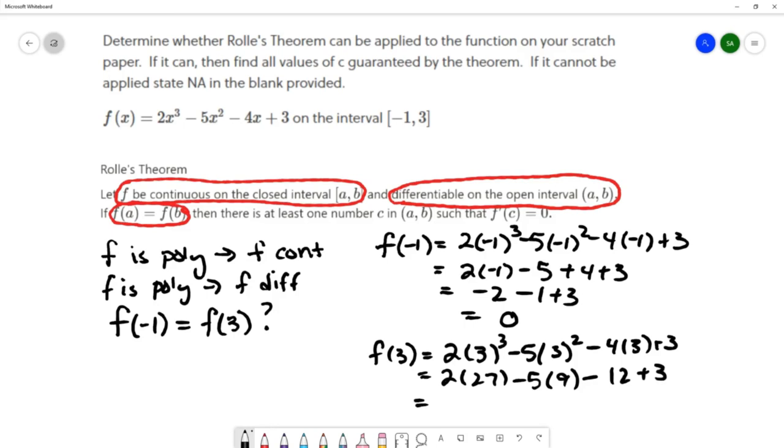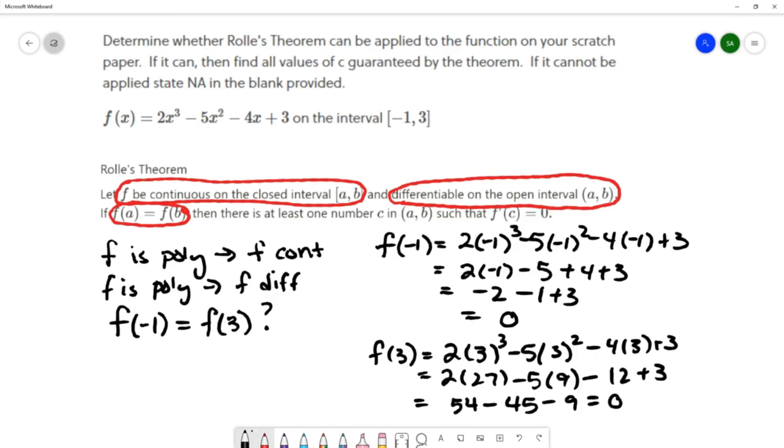Okay, 2 times 27, that's 54 minus 45, -12 plus 3, that's -9. And 54 minus 45 minus 9 is 0.